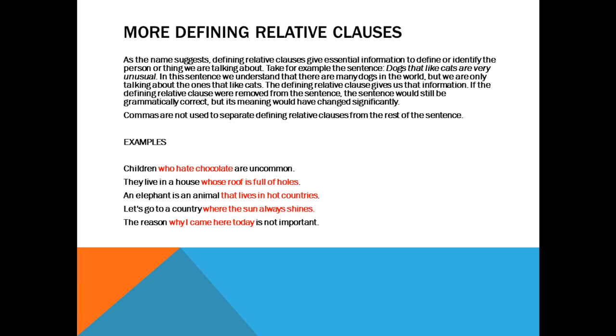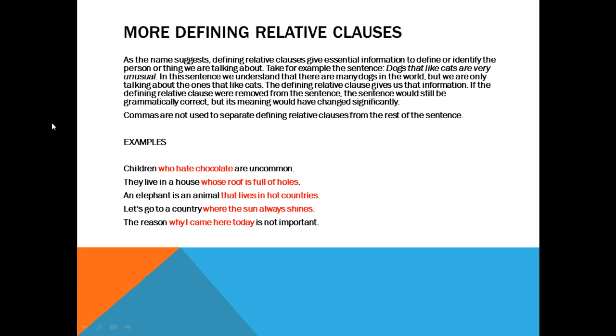The defining relative clause gives us that information. If the defining relative clause were removed from the sentence, it would still be grammatically correct, but its meaning would have changed significantly. Commas are not used to separate defining relative clauses from the rest of the sentence.